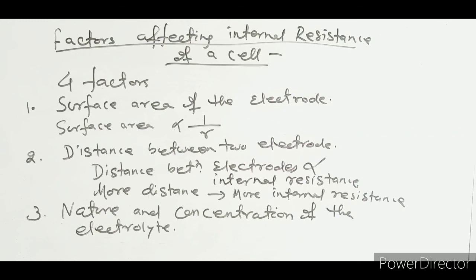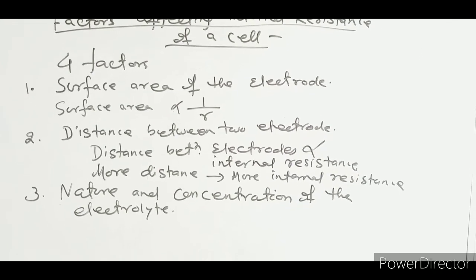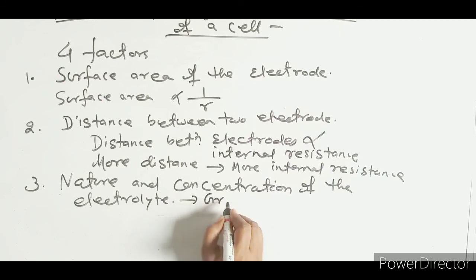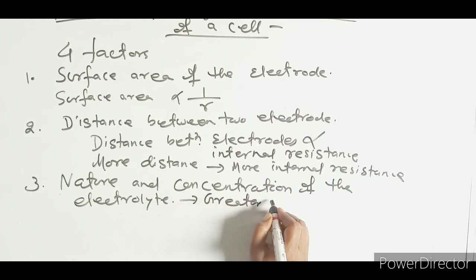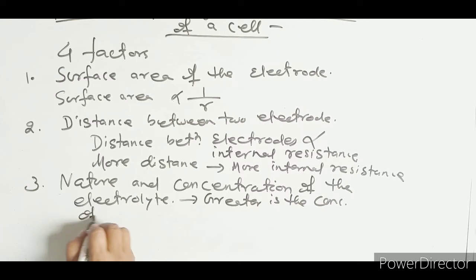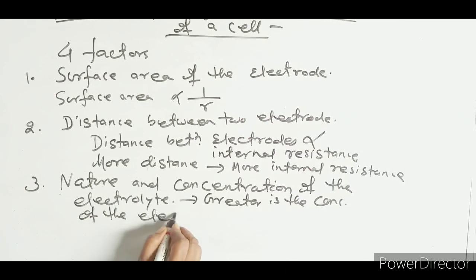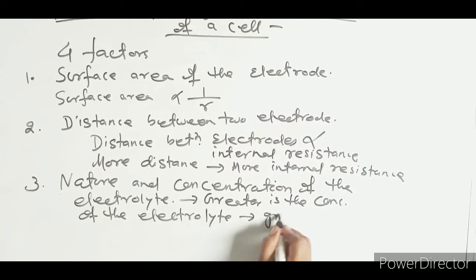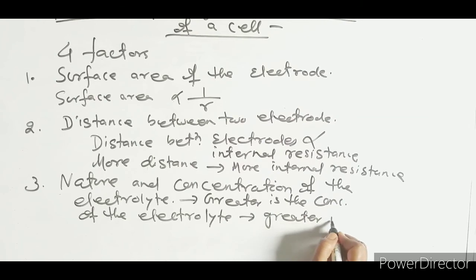So here greater is the concentration, greater is the internal resistance. What does it mean? Here we can say, greater is the concentration of the electrolyte, greater is the internal resistance.